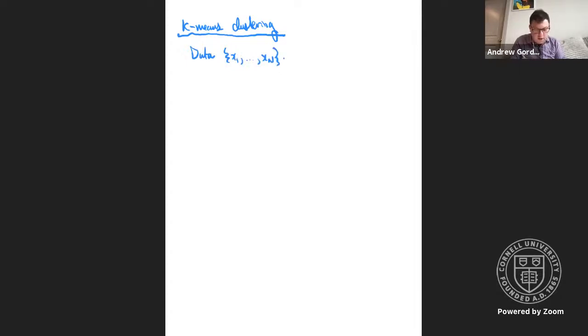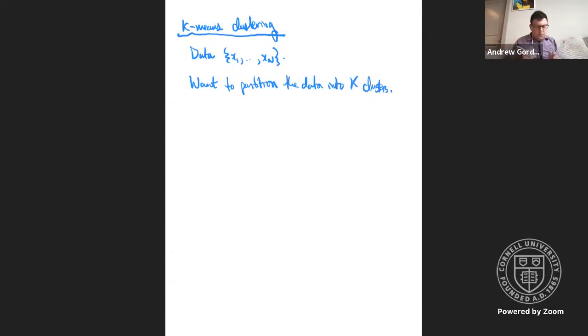These are n observations of d-dimensional variables x, like before. And our goal is to partition the data into k clusters.